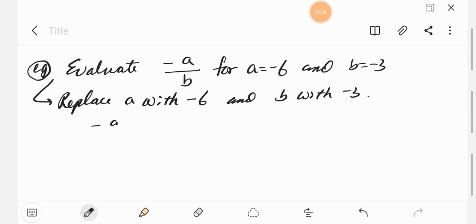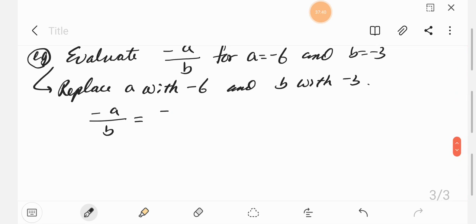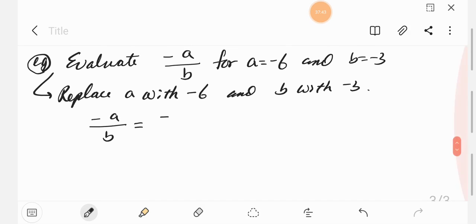Alright, so negative a divided by b. Let's replace it. The negative sign stays, and the a value is negative 6. So why don't we put parentheses around negative 6? Over b, which is negative 3. In this case, you don't have to put parentheses around negative 3 because there's only one number.